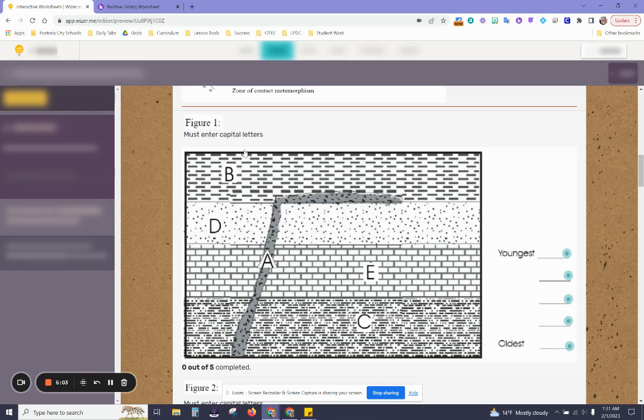And then B cuts across A and it cuts across C. So it's automatically younger than both A and C. Okay, so metamorphic rock situation here and igneous rock intrusion situation there. All right, so we have C, A, B. C was there first, A melted it, pushed its way through, and then B intruded, melted, and pushed its way through across both of them.